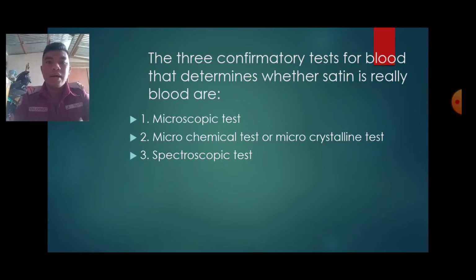The three confirmatory tests for blood that determine whether a stain is really blood are: number one, the microscopic test; number two, the microchemical test or microcrystalline test; and number three, the spectroscopic test.